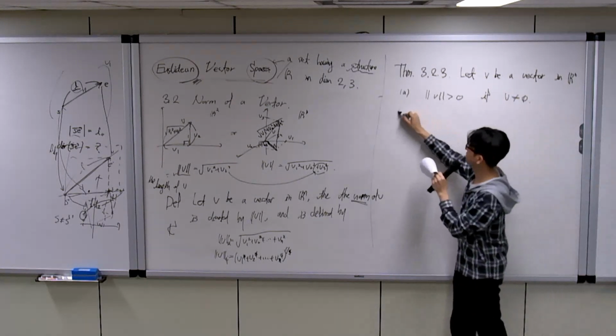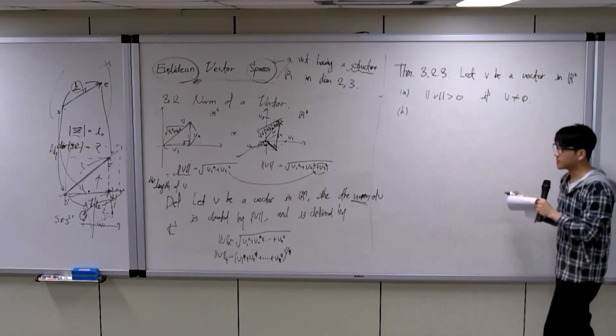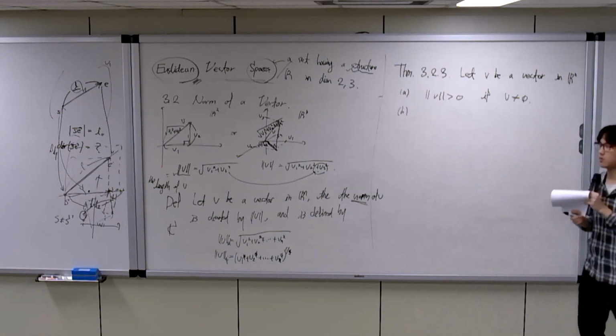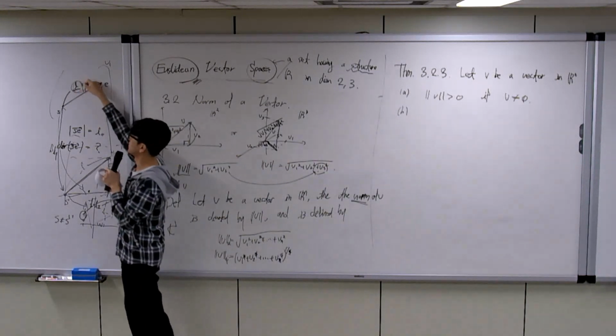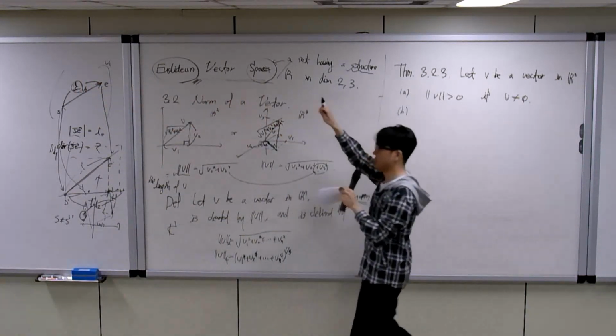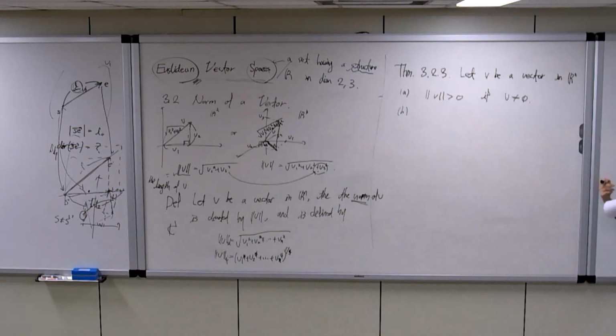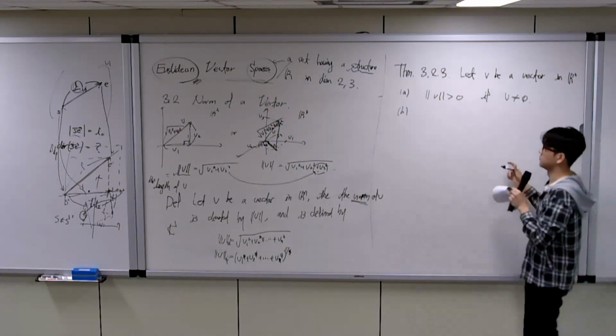And also, in absolute value or norm, I said it will give the length of the vector, and that means if we give the 0 vector, then we want it to be 0.